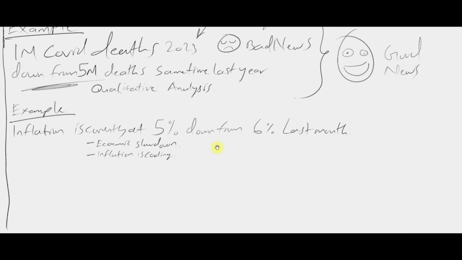Now remember, with a release like inflation, the preferred inflation rate for most economies is 2%. When the inflation rate is above 2%, that's considered bad news, and the economy is running too hot. So in this case, inflation is falling from 6% to 5%.